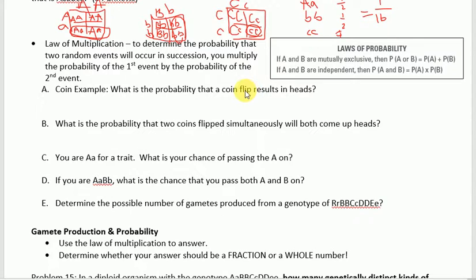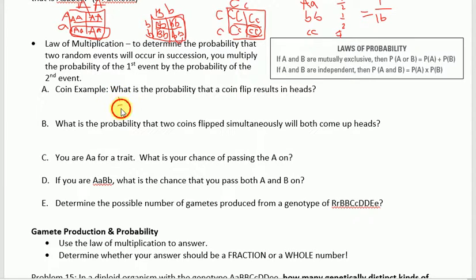Okay, so the law of multiplication. To determine the probability that 2 random events will occur in succession, you need to multiply the probability of the first event by the probability of the second event. This is what they give you on the AP sheet. For example, a coin. What is the probability that a coin flip will result in heads? Well, we know that it's going to be 50%, right?